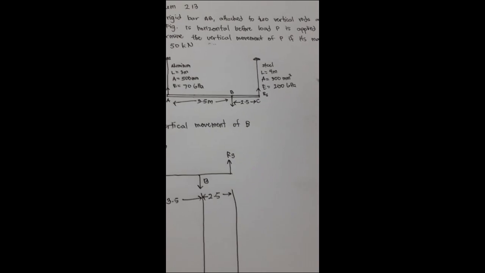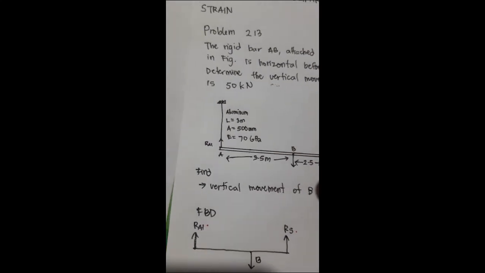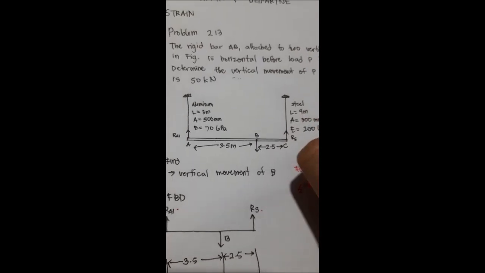Now to find the reactions of the aluminum and the steel, let us first solve for aluminum. We take moment at B. Sum of moment at B is equal to 0, clockwise is positive.